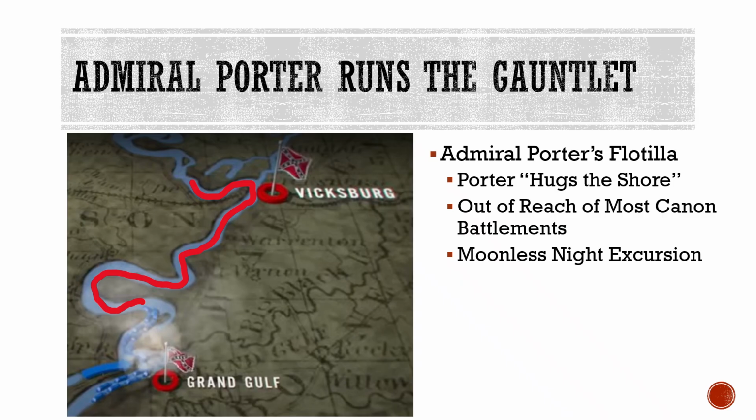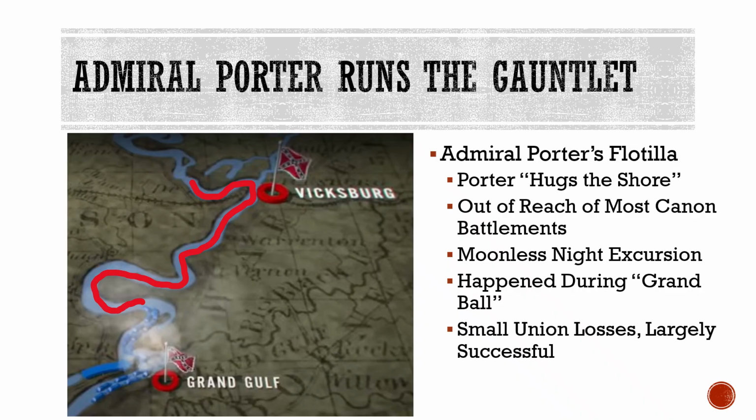It took place on a moonless night excursion, and it happened during a grand ball that was happening in Vicksburg. So there was some strategy on when to do this. It worked pretty well. There were very little Union losses other than that one transport ship that I talked about. Otherwise, it was a successful trip.